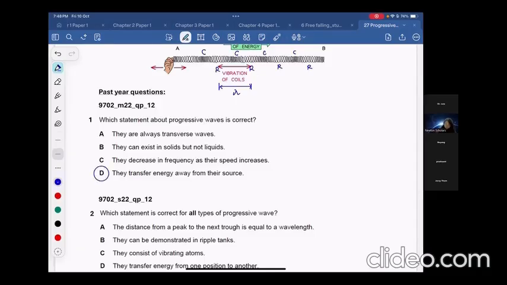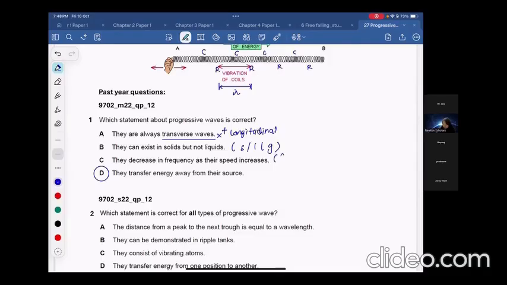Answer is D. Okay, they are always transverse? No, it can be longitudinal also. They can only be in solid, not liquid? No, it can be in solid, liquid, or gas. Decrease in frequency as their speed increases?